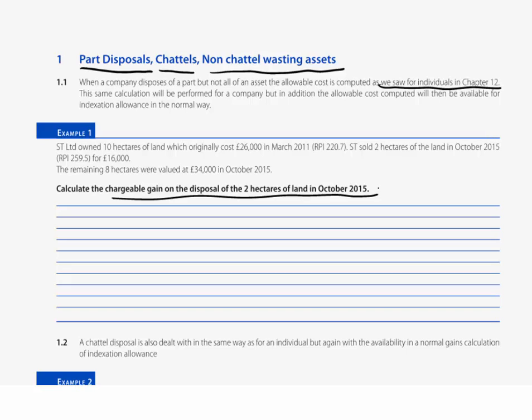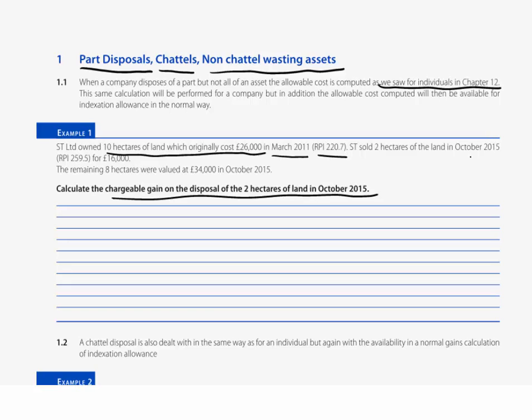Problem again, as it always is with a part disposal, is how do you work out the allowable cost for the part now sold? Right, what are we told? This time ST Limited owned 10 hectares of land which originally cost £26,000, back in March 2011, and of course we're told what the then RPI was.